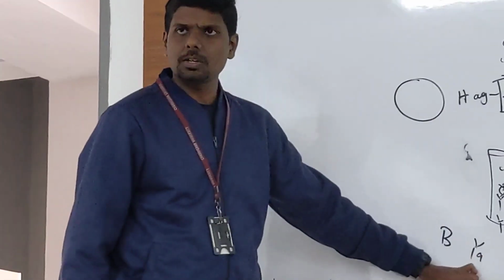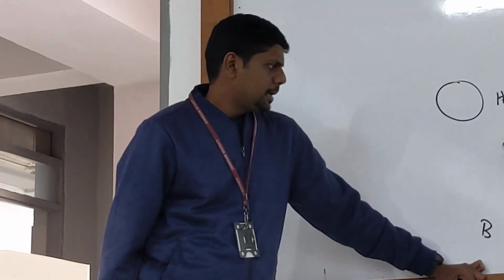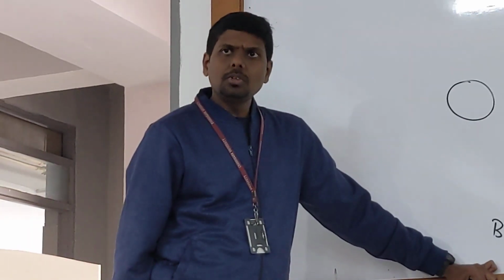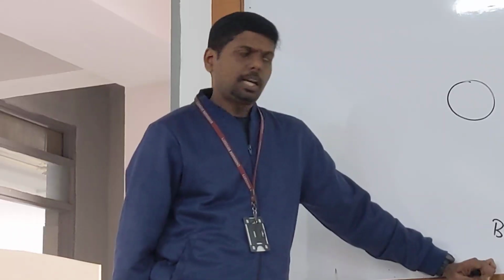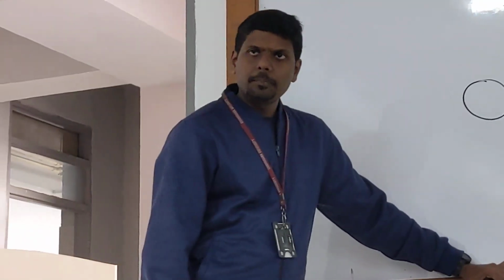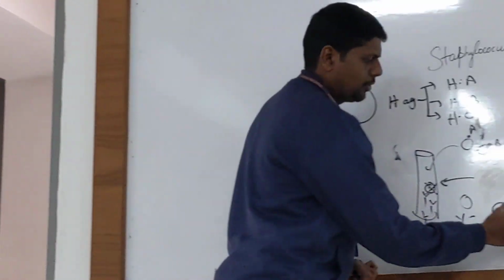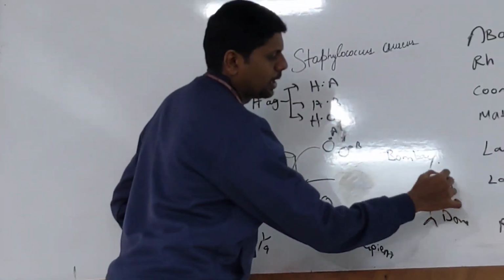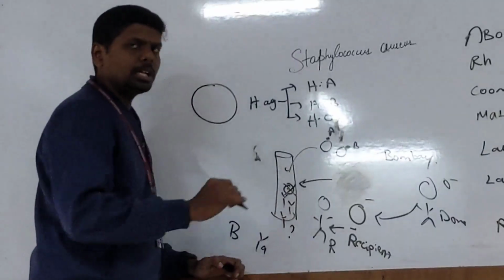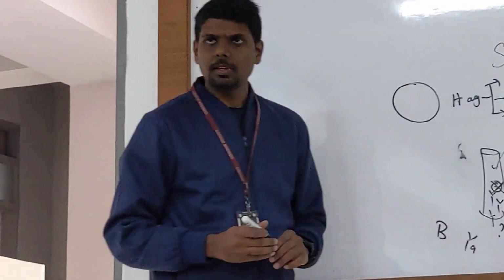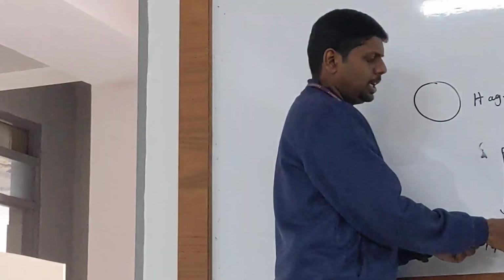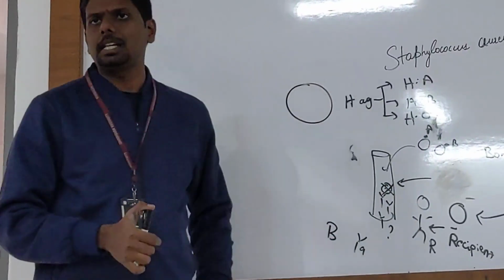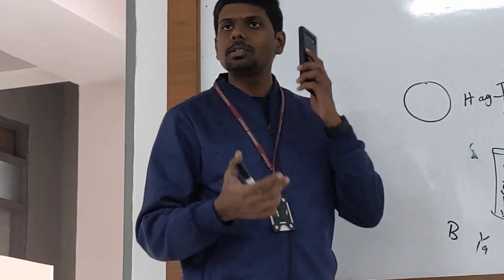Definitely O negative is a universal donor, and my patient is also O negative only. So we proceeded confidently. We identified an O negative donor and gave his blood to the patient, assuming that even if he has any antibodies, those antibodies won't attack the cells.